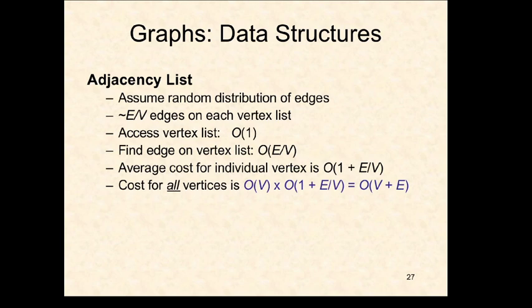So we would say that the average list is about size E divided by V. Really, it'd be 2E divided by V if we are in an undirected graph.